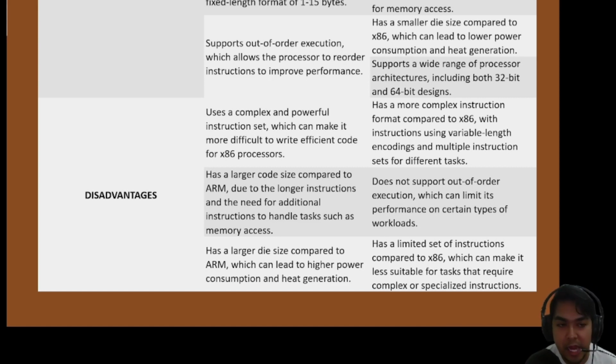Lastly, X86 has a larger die size compared to ARM, which can lead to higher power consumption and heat generation.